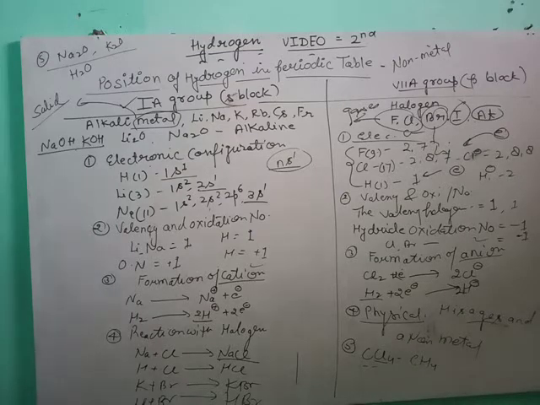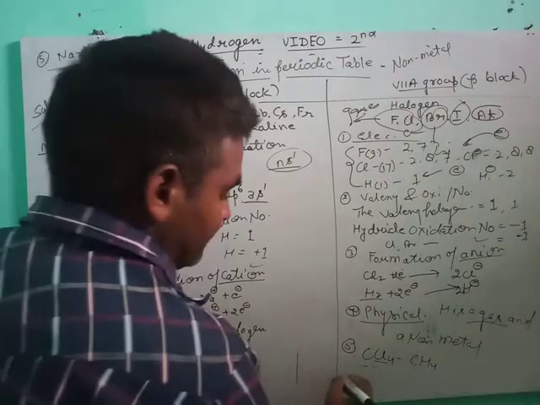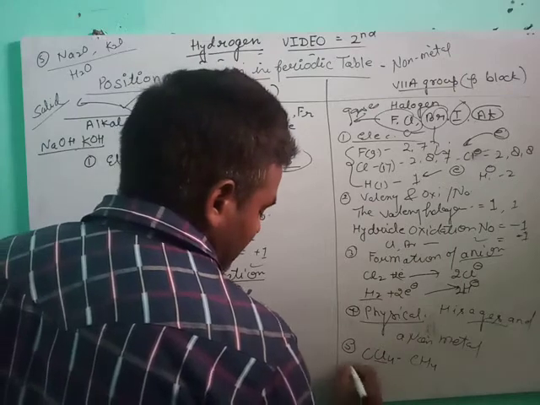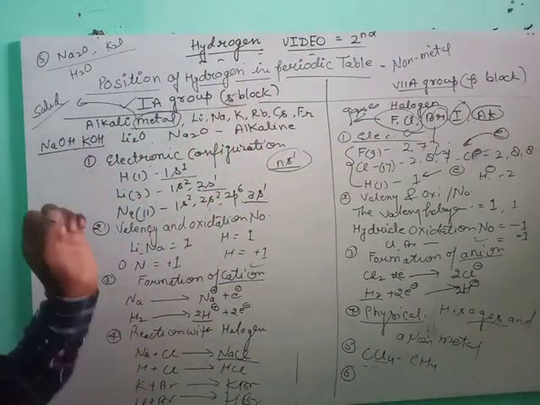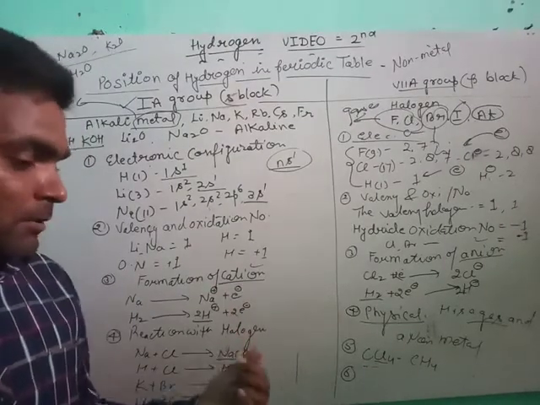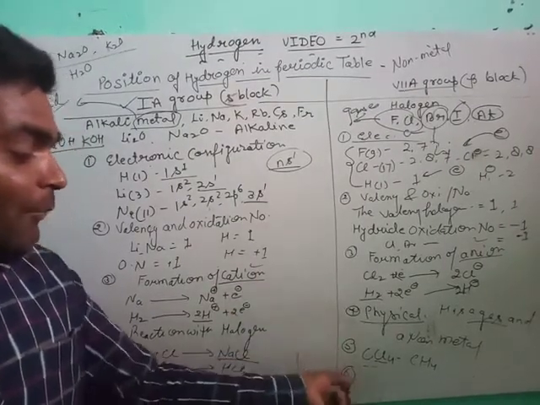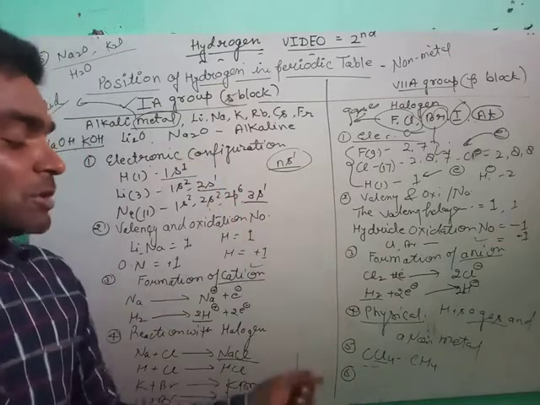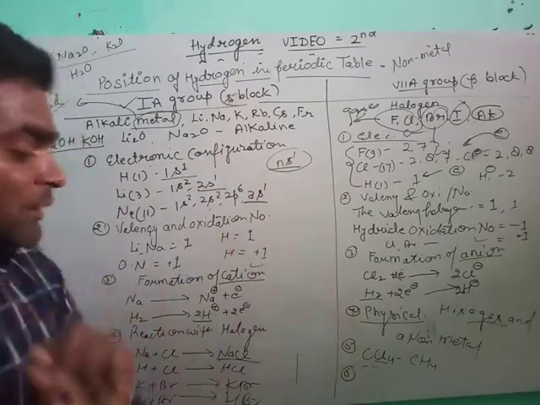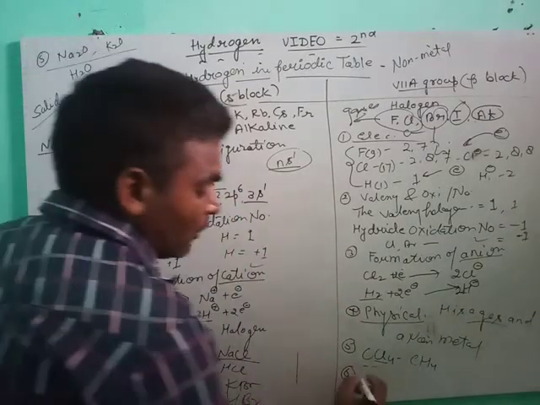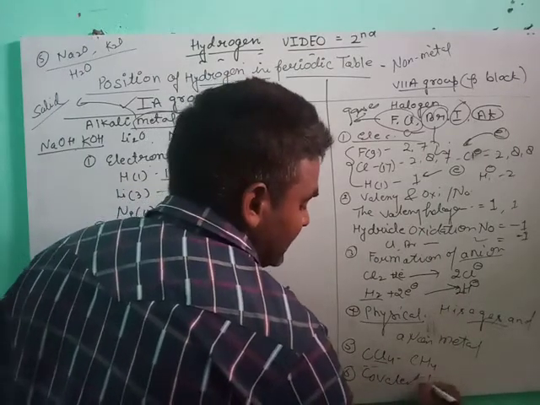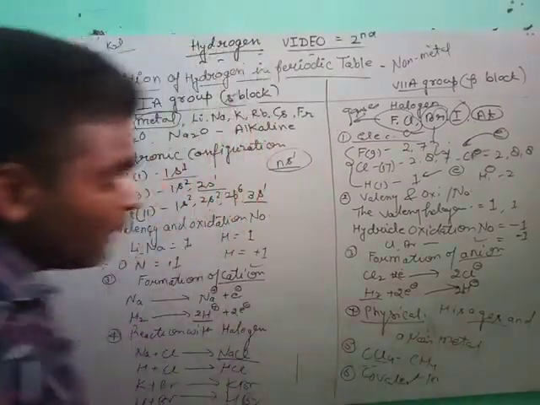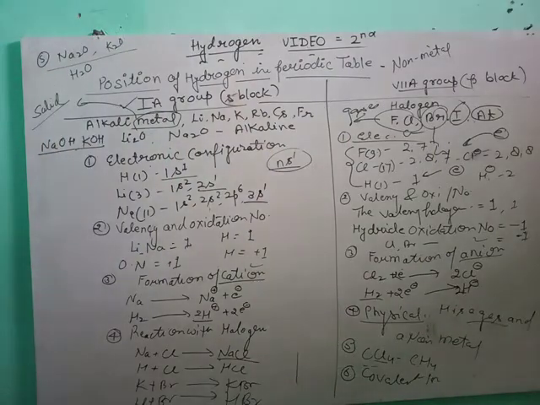And the last property: if noted by you, most compounds of hydrogen are covalent in nature, like halogens.